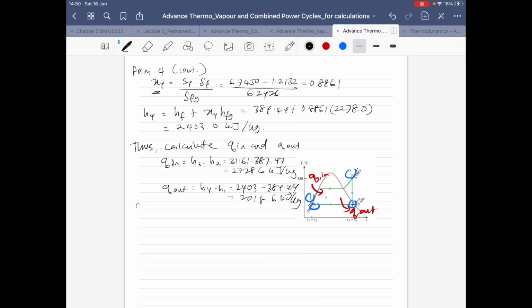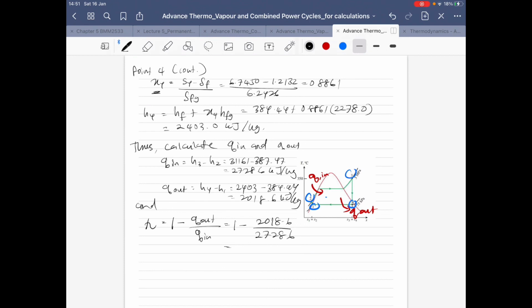So, and then we can calculate the efficiency lah. So efficiency, ingat tak? Efficiency is equal to 1, ada dalam slide, tuan-tuan boleh tengok, Q out over Q in, kan? So we can calculate lah, 1 minus berapa? Q out kita 2018.6 over Q in 2728.6.